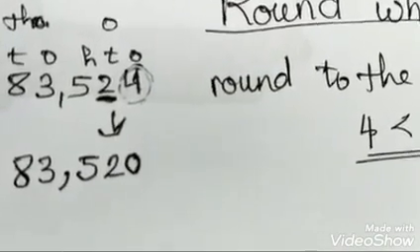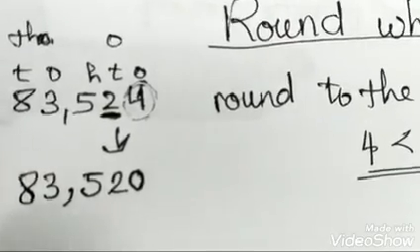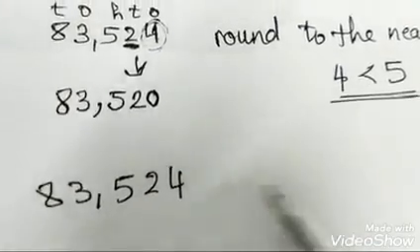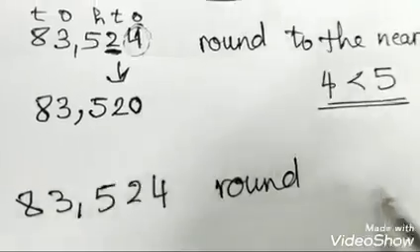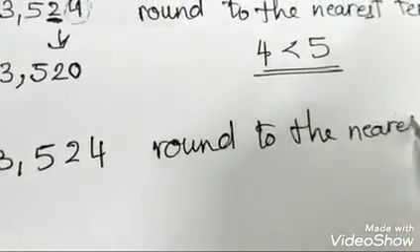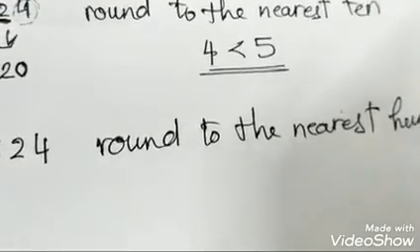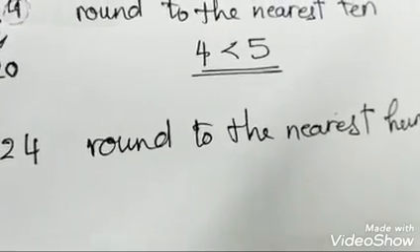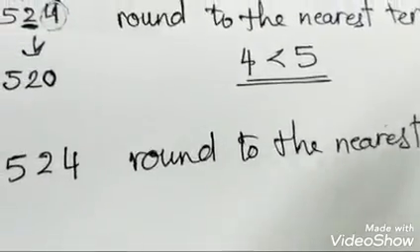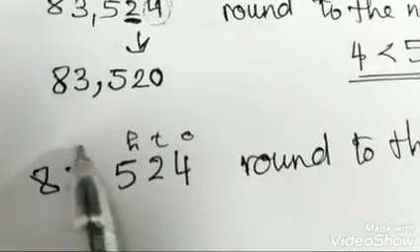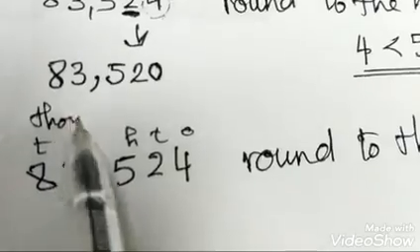Okay, then I want to round the same number, 83,524, to the nearest hundred. This is ones, tens, hundreds, ones, tens in the thousands place.